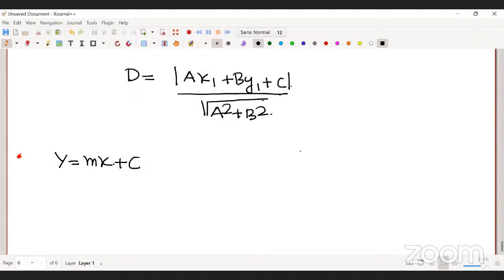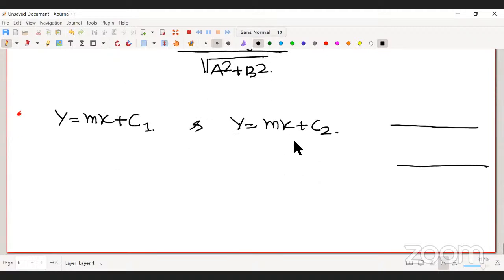So this is one line, and another line is here. How can you compute the distance between two lines? Mod of C1 minus C2 by under root.